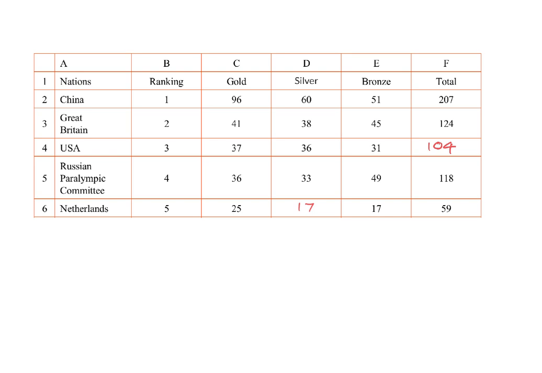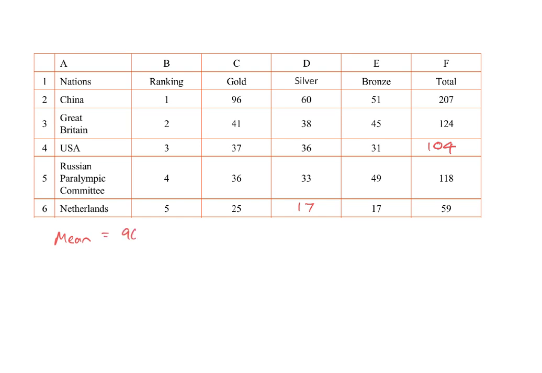Now, they might ask a question such as, what is the mean number of gold medals? So the mean number of gold, we look at the number of gold medals for the top 5 nations. So it's 96, 41, 37, 36 and 25. So to work out the mean, you're going to do the total of those medals.